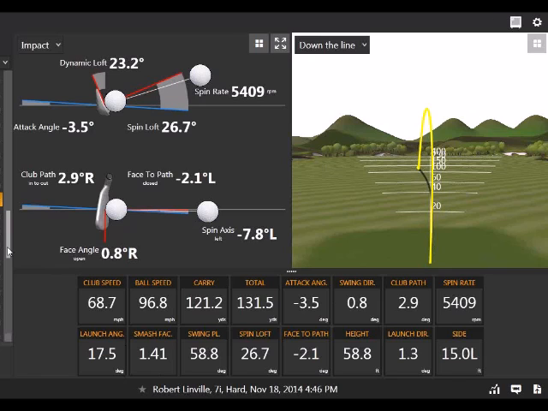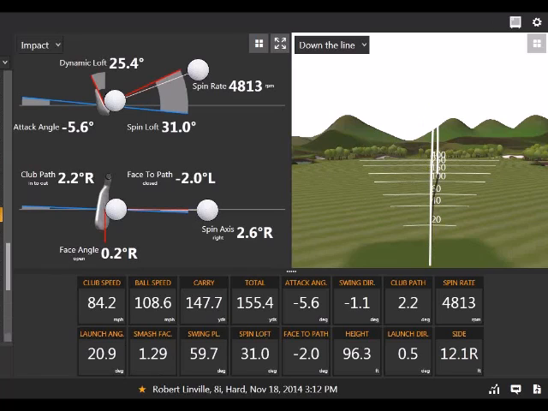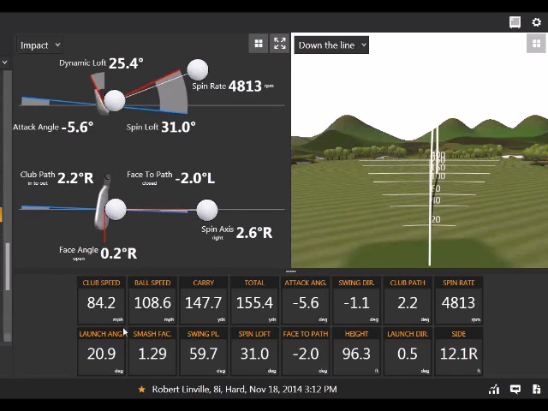Let me go back down here. Let me see if it's this one. Yep, so this was one Mike Goodis had earlier today. And we can see a smash factor of 1.3 here. The relationship is, you divide this into this, you get that.